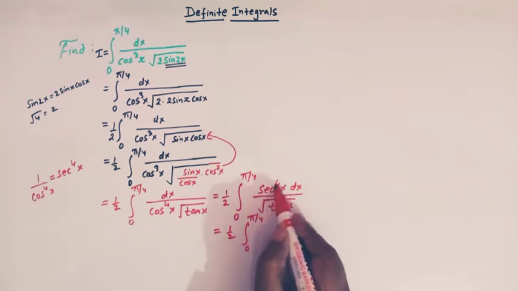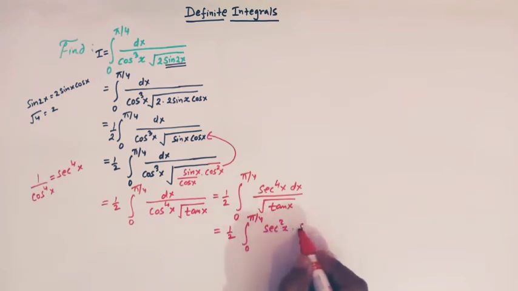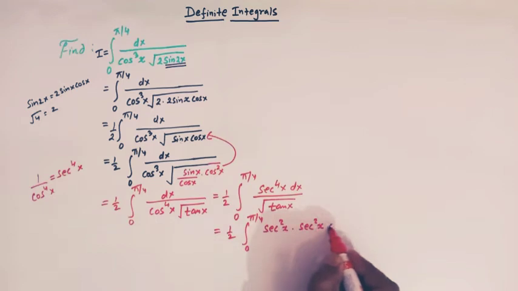Sec raised to 4 x can also be written as sec square x times sec square x.